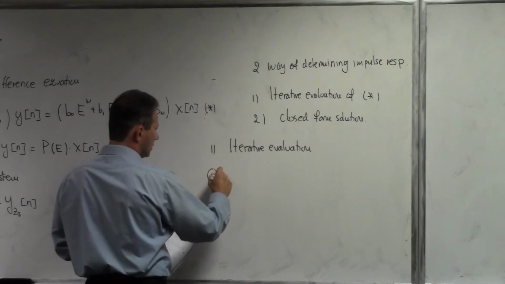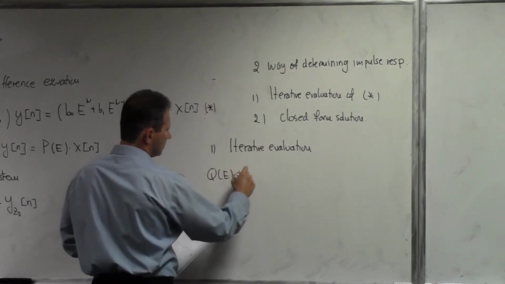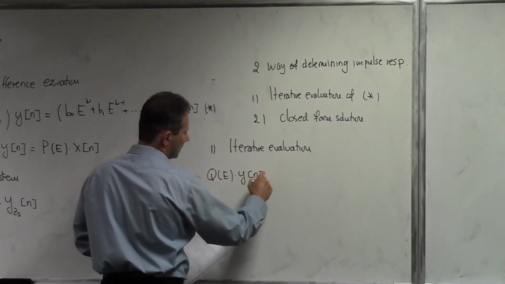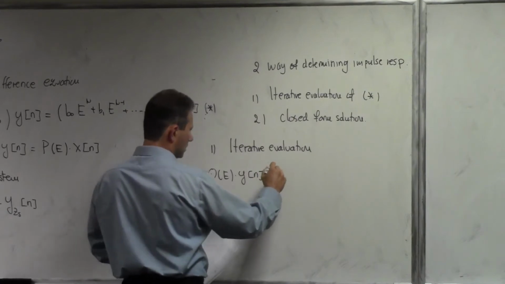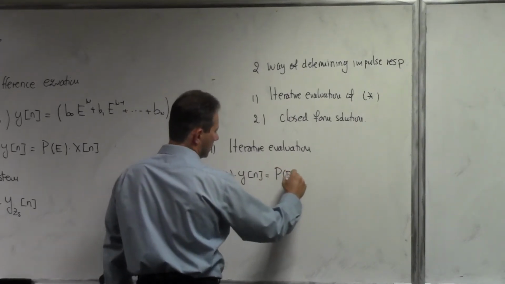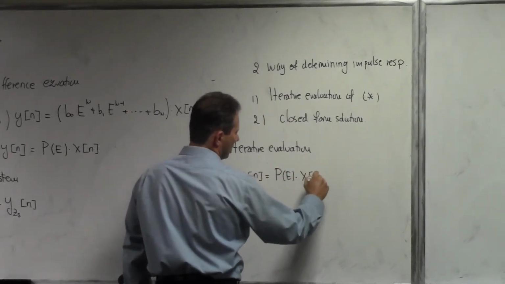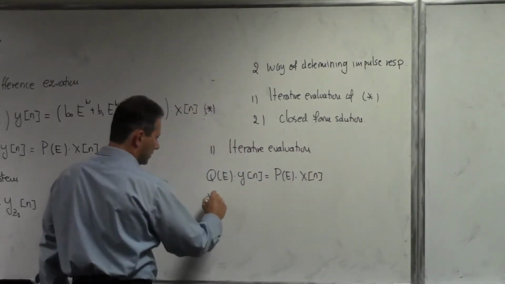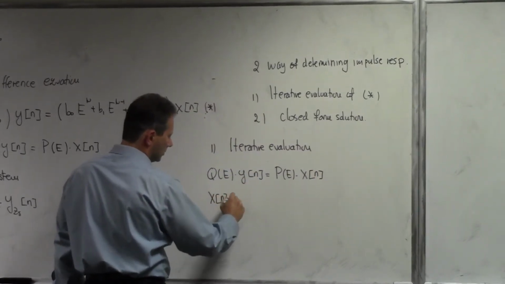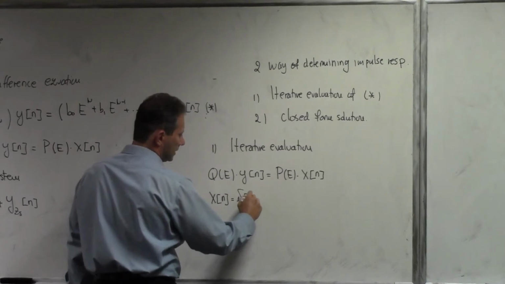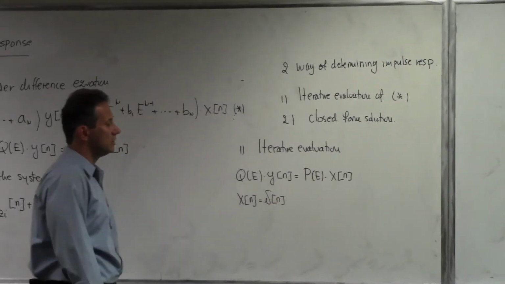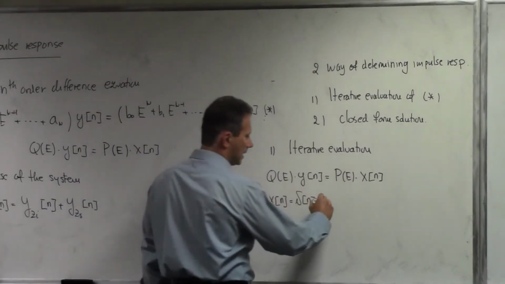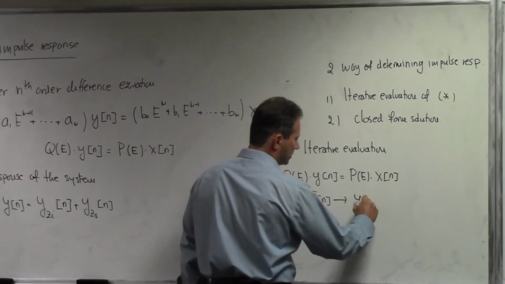We start by saying Q(E) applied to y[n] is going to be equal to P(E) applied to x[n]. But if I make x[n] equal to delta[n], meaning that my input is essentially delta, then my output is going to be your impulse response.